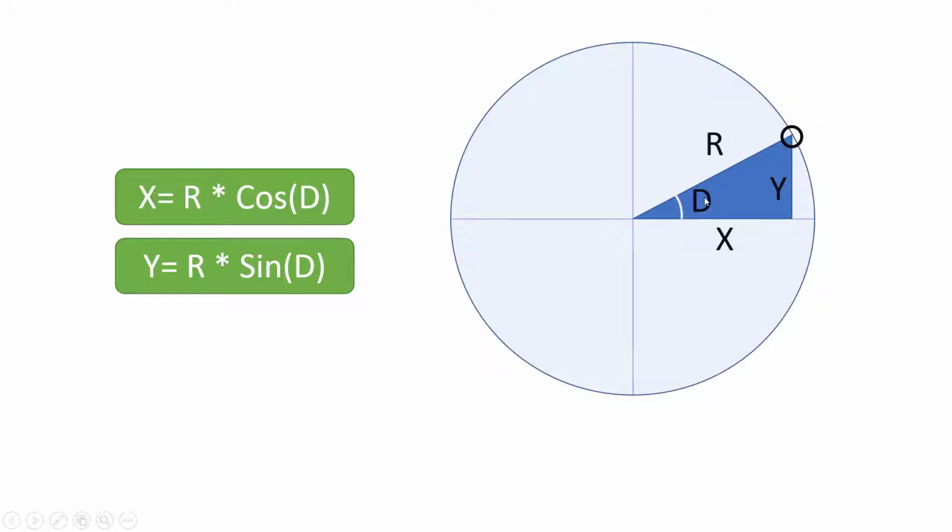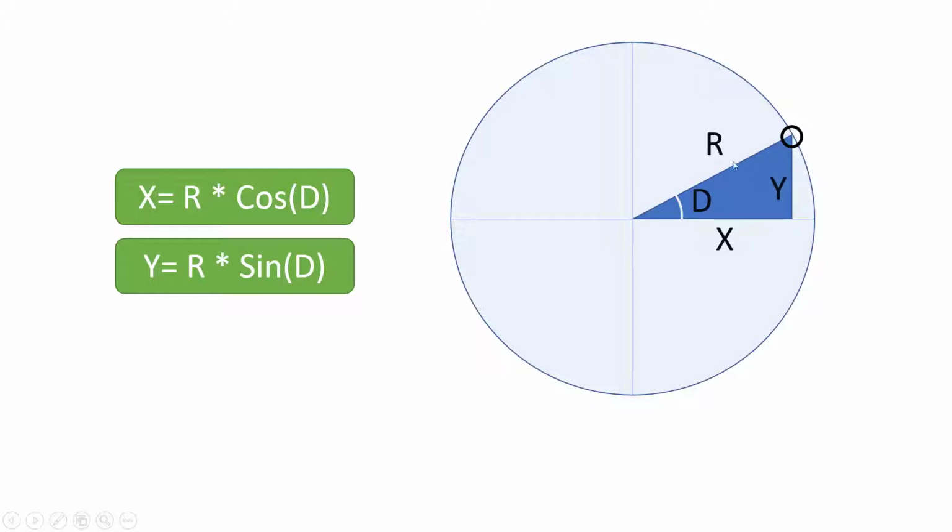So, sine D equals Y over R. So Y equals R multiplied by sine D. And X equals R multiplied by cosine D. So if we have the angle and the radius, we can know with this simple equation the values of X and Y.